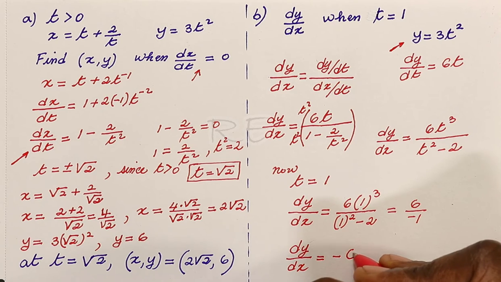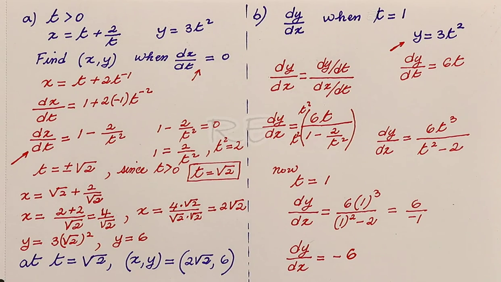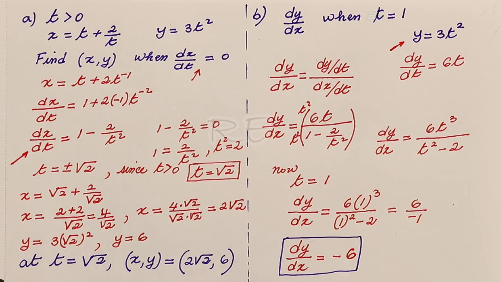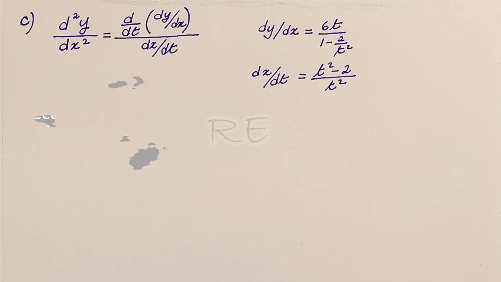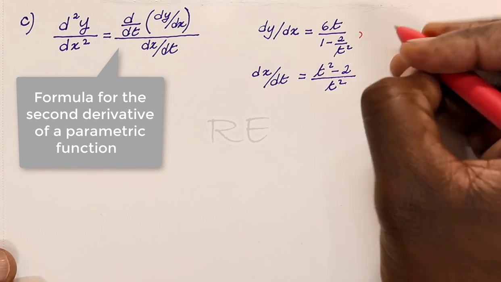So the velocity of the particle in the direction of y is equal to negative 6. Now for C, we're being asked to find the second derivative of y with respect to x.